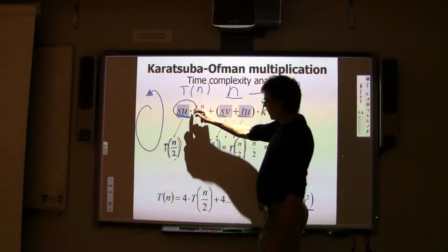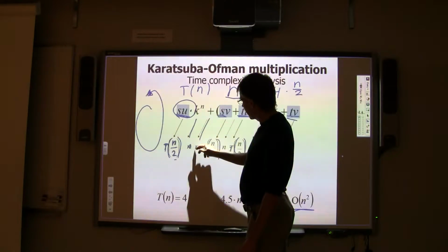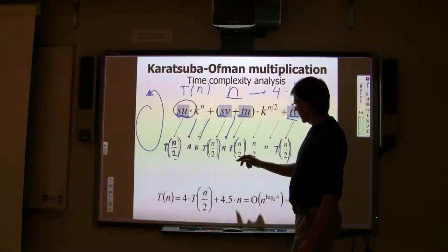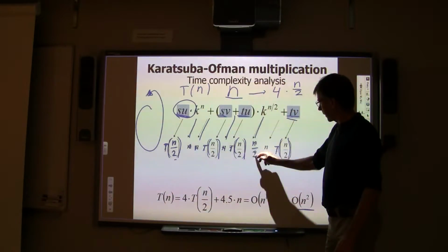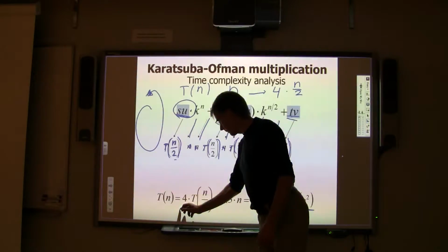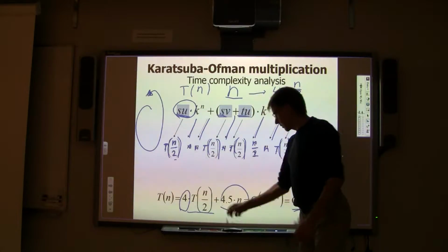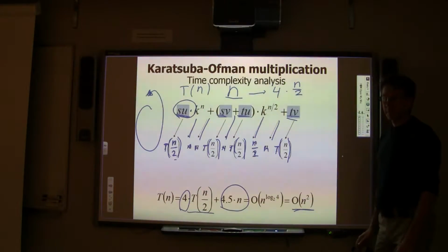Plus I have these multiplications of these numbers n, summation n, this multiplication n divided by 2, summation n. Summing up all together, I managed to get 4 times Tn divided by 2 plus 4.5 times n.